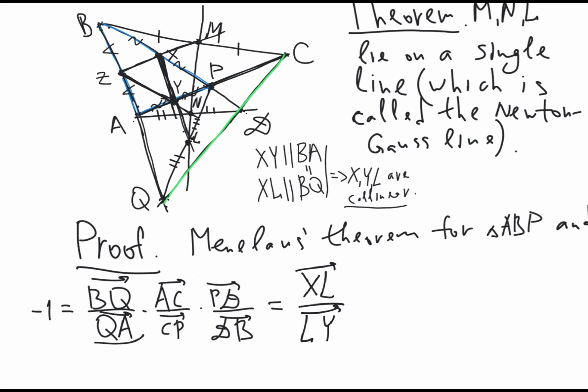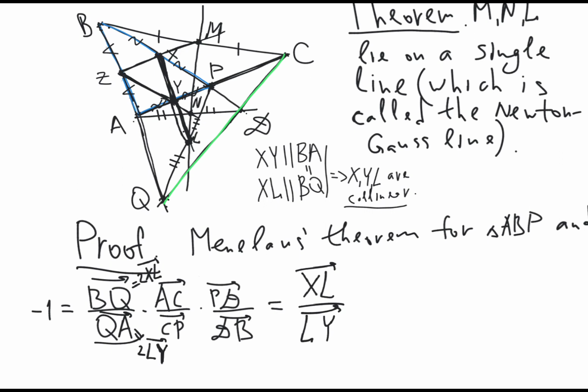So XL with the ratio 1/2, right? So BQ is equal to 2XL and QA is equal to 2LY.